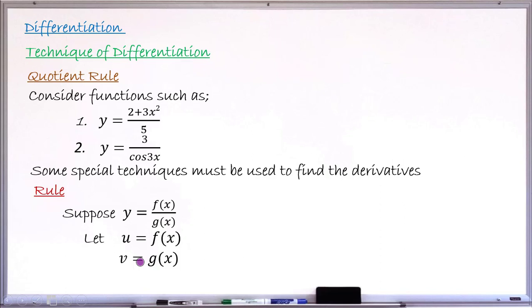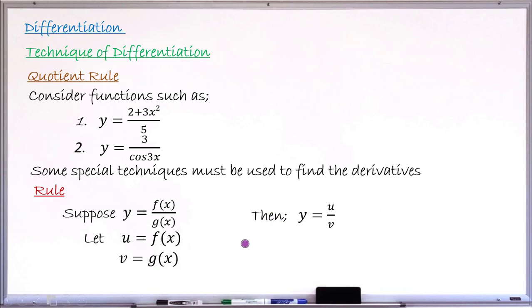But there is a restriction: the function at the denominator will always be your v, while the function at the numerator will always be your u. Then you can rewrite this function as y equals u over v.